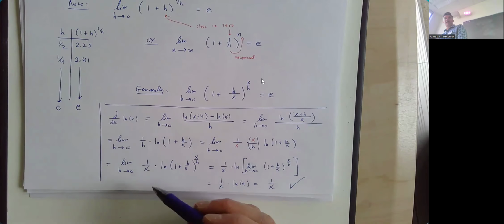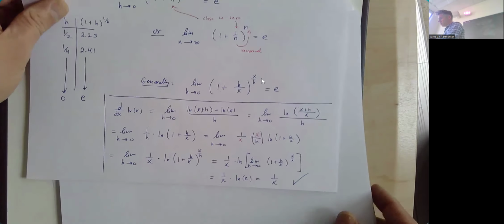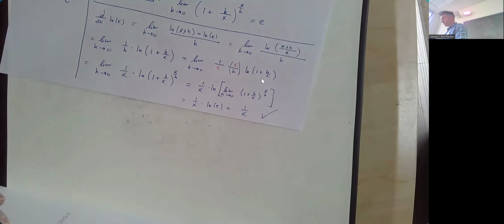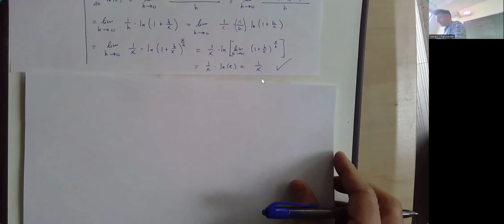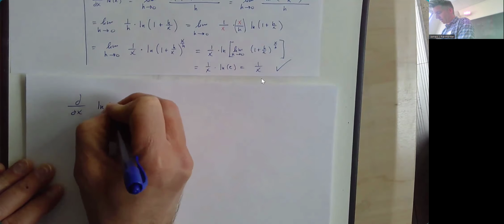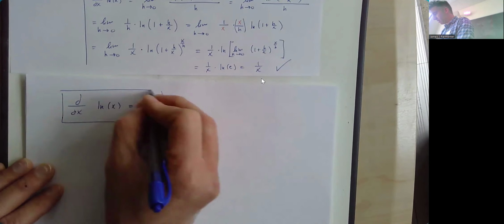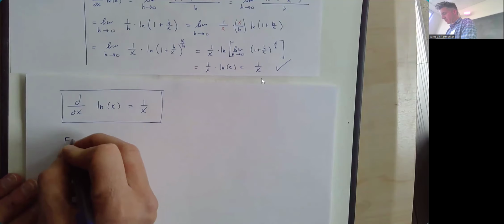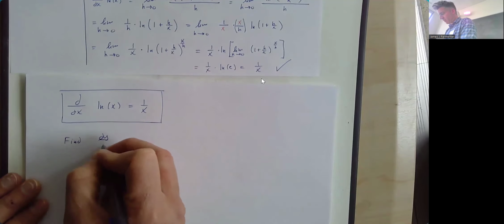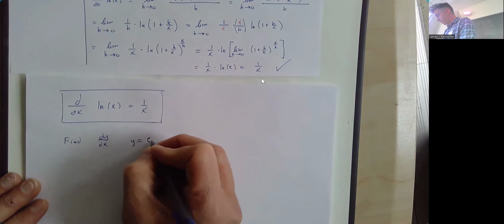It feels fairly solid. And then if you wanted, we could say, well, using the fact that the derivative of the natural log of x is equal to 1 over x, we can then find the derivative of y equal to e to the x.